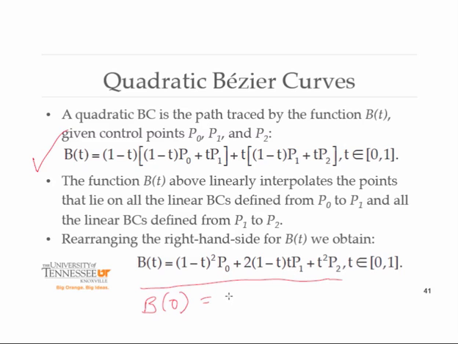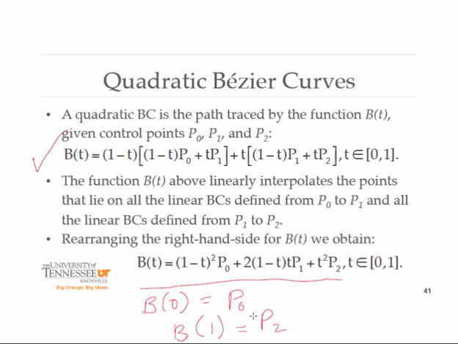It's going to start with the first control point, and then by the time t gets to 1, this term will go out, this term will go out, and all you're going to be left with is 1 squared P2. So again, there are 3 control points, and the first and the last one define the endpoints of the curve you're trying to generate.